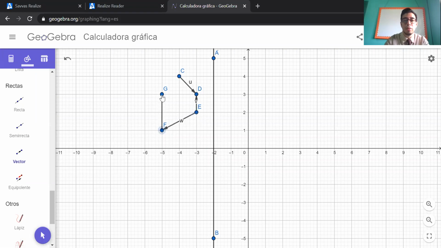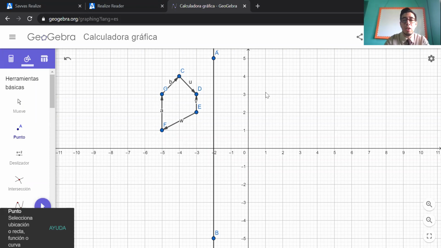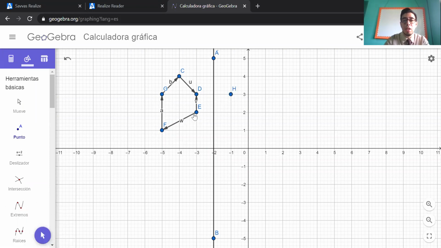I think that this is what we have. So what we need to do, guys, is only project this to the other side. This point is going to be this one, okay? This point is going to be this one. The other point that we have is going to be located in here, right?